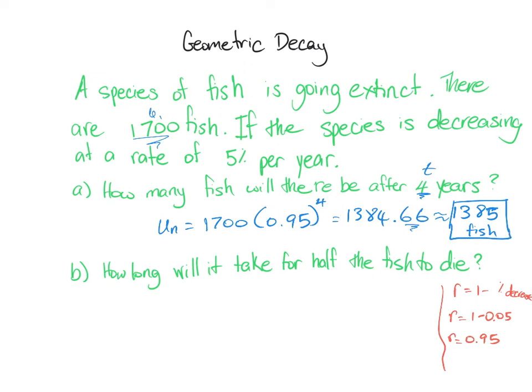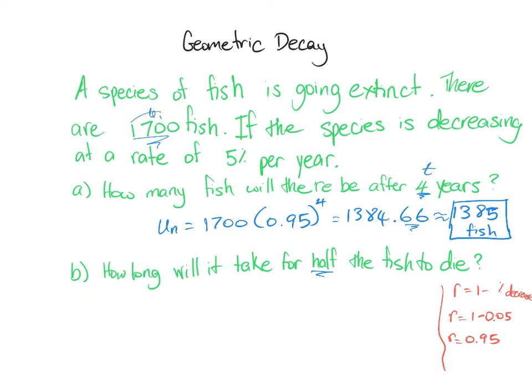All right, now how long will it take for half the fish to die? I am not going to complete this question, but I am going to start you off. In order to figure out how long it would take for half the fish to die, we first have to figure out what number is half the fish.